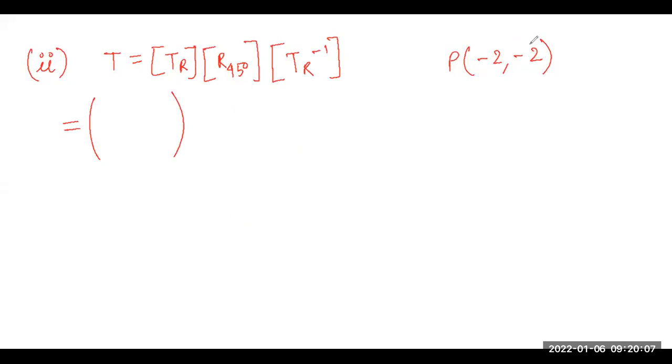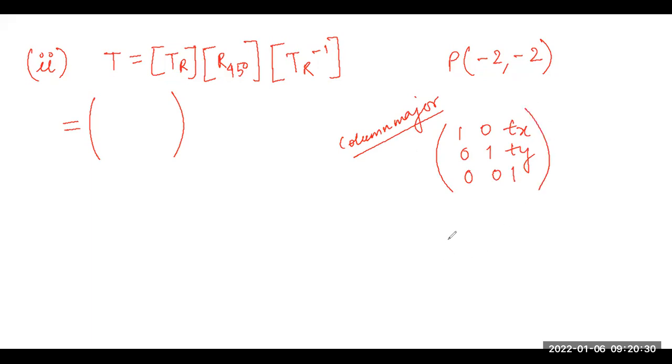Now we are saying, since you have taken this sum in column major form, remember this, in column major form the transformation matrix is this, and in row major form the transformation matrix is this.